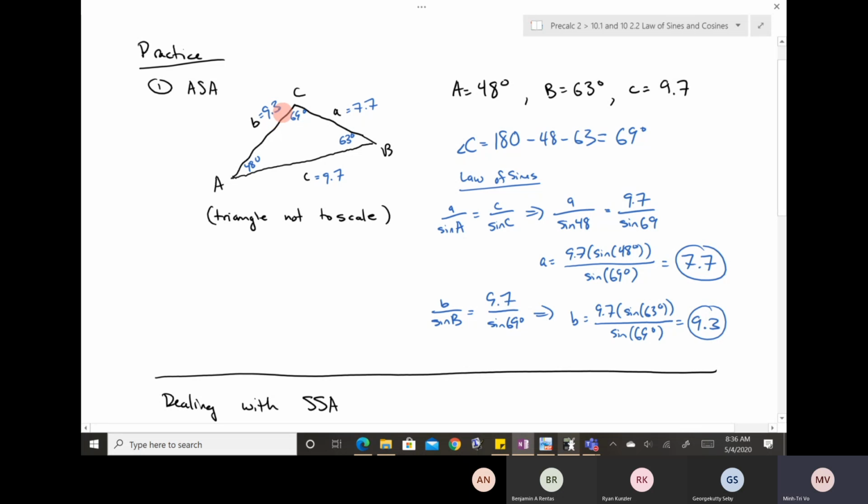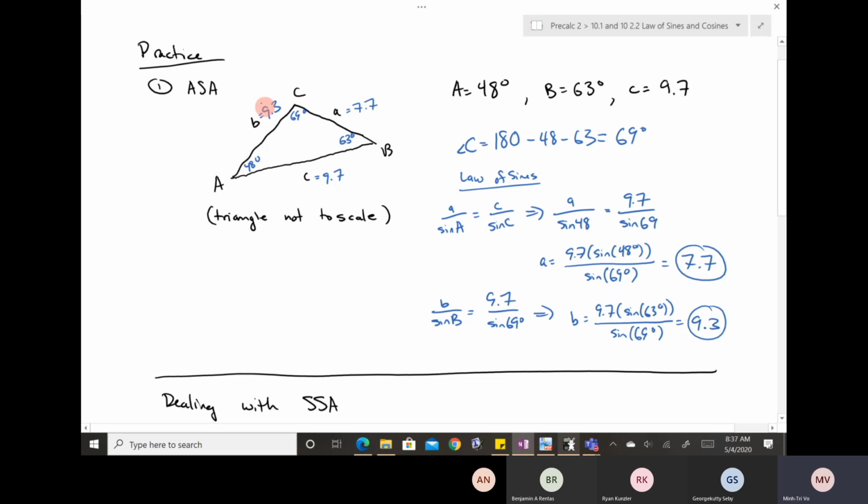So one thing you can remember to make sure at least the calculations are on the right track is that the bigger the angle, the bigger the side is going to be, right? So you see how in this triangle, angle C is the biggest, and then next is angle B, and then angle A is the smallest, right?